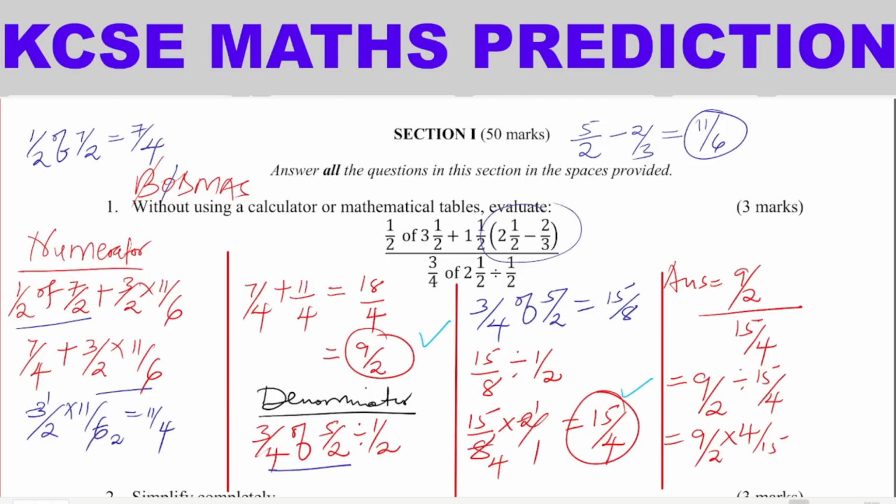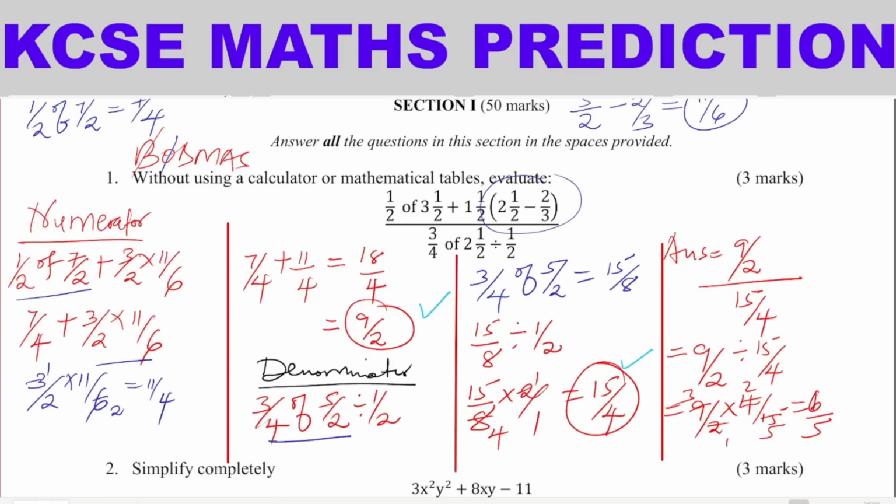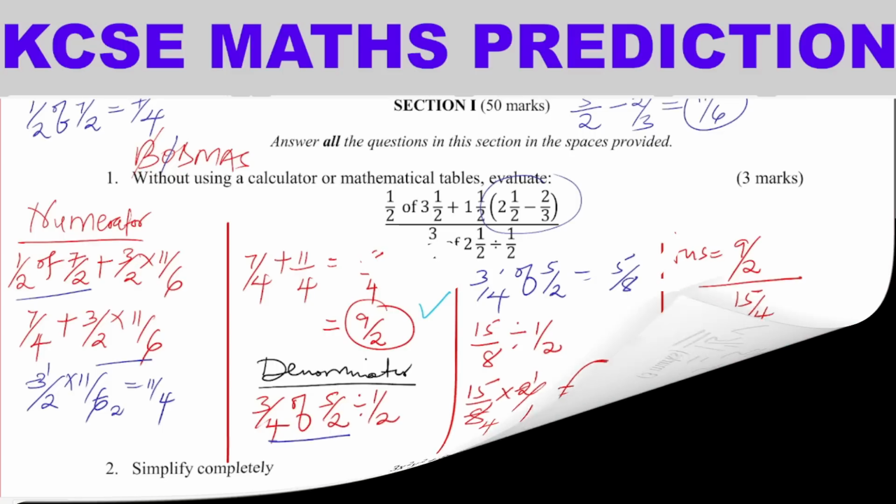And this will give, by 2, 1 by 2, 2, and then by 3, 3 by 3, 5. This will give 6 divided by 5, and 6 divided by 5 is equivalent to 1 and 1 over 5 as the solution.